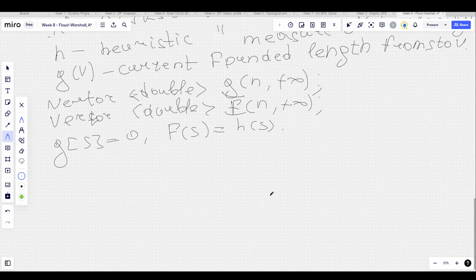It depends on our task. So we create a heap q. This q stores vertices ordered by f.